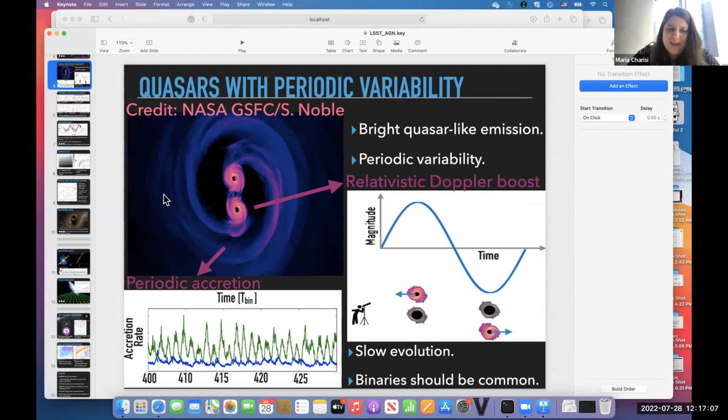So people expect that you will see a deficit of light, maybe in optical UV, because you have this part of the disk that is missing. Some people expect that you will see an excess of light because you have the shocks. So I think the theories have not converged on what is the signature on the SED.